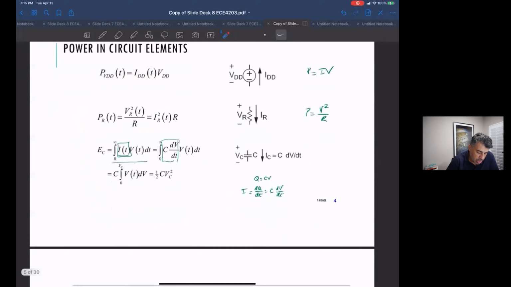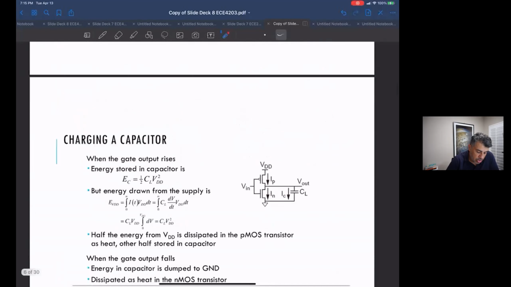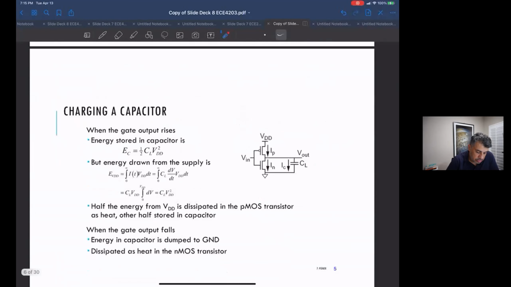And now we're going to apply it to our CMOS driver, to see how much power consumption it takes given a certain capacitor that it's trying to drive. Let's say you're trying to take this capacitor from 0 to 1.